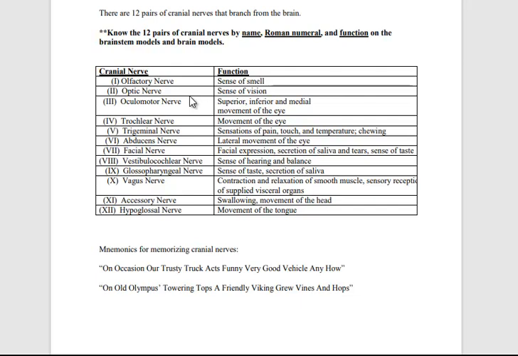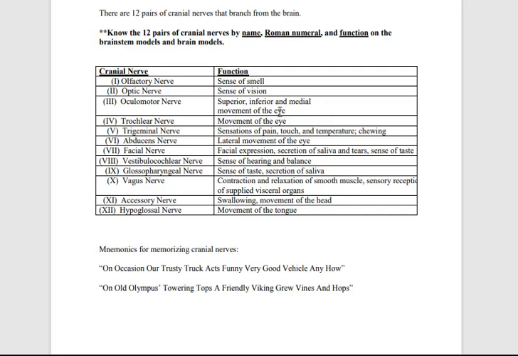And it's interesting to me how many of them have to do with the movement of your eye. So number 3 is the oculomotor nerve. So that's kind of easy. Oculo would be eye, and motor would be movement. So it allows your eye to go superior, inferior, medially.